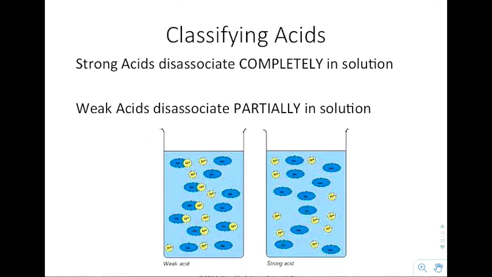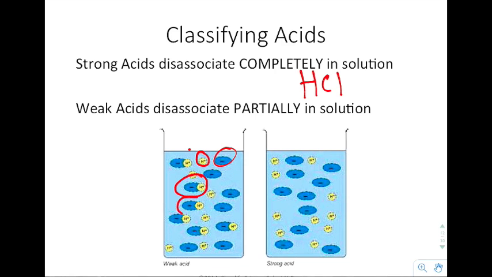Whenever you classify acids, you can classify them as being strong or weak. What determines whether they're defined as strong or weak is whether or not they completely dissociate in water. So for example, you see an acid here, we'll call it HCl. If you look, there are some H's and some Cl's that are dissociated from one another. But that is not the case all the time.